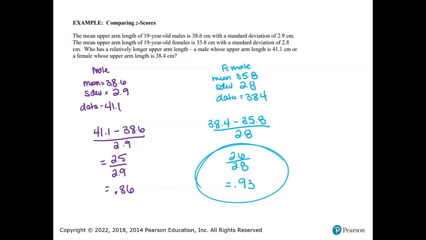Now, one thing I'd like to note: if you are running a race, you are better if you are faster than your competition, which means your time is below average. You want your time to be smaller or less than average. So you're going to get z-scores that are negative.